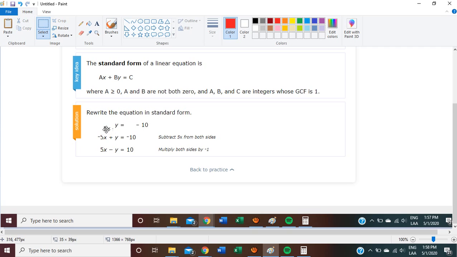It has to go this way. Okay, let me erase this little thing. So the x came to this part.